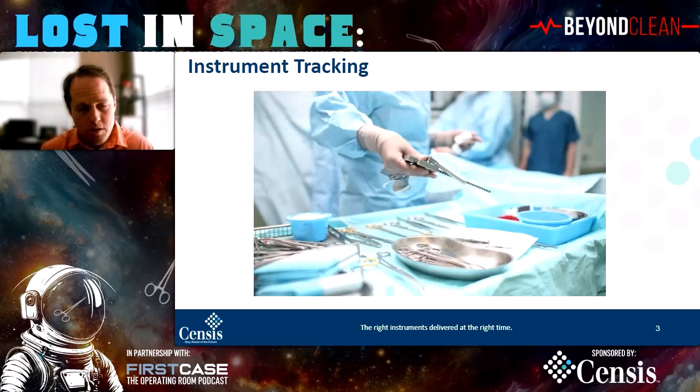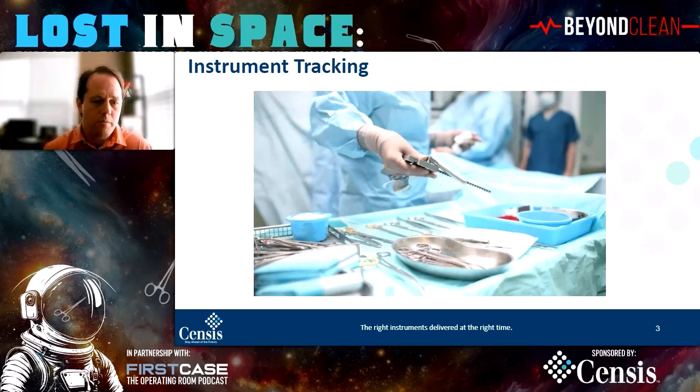The third major problem set that everybody identified was around the cost of instrumentation. And that's what we're going to talk about here today. So it's very normal for sterile processing departments to spend hundreds of thousands of dollars every year replacing lost instrumentation. And then that's a frustration for the OR as well.